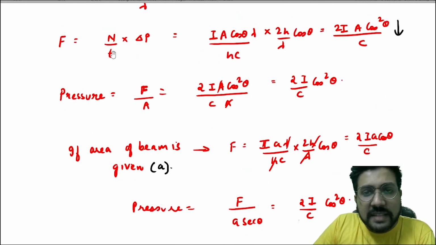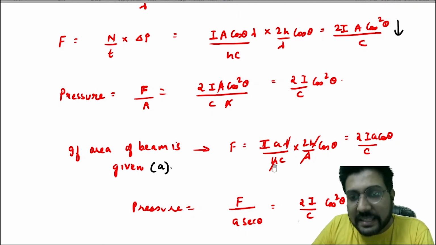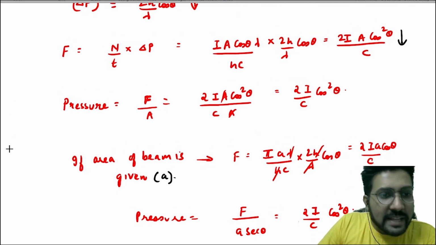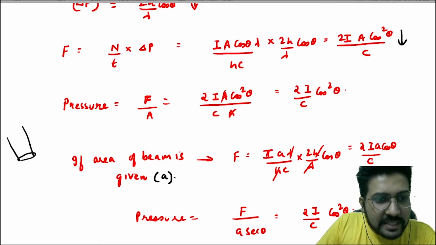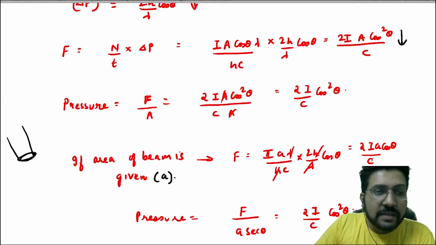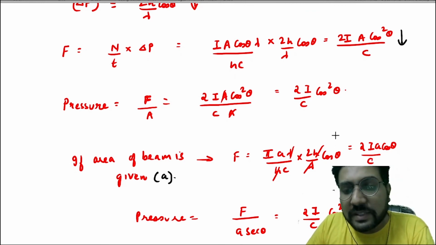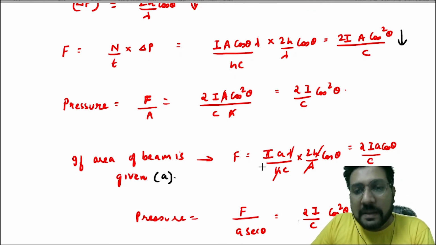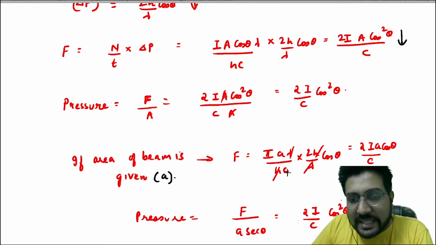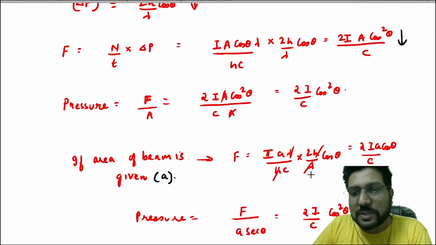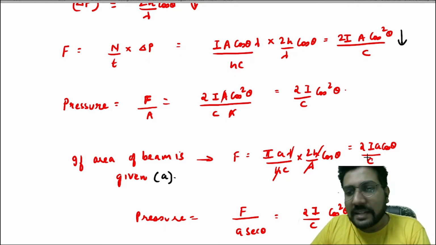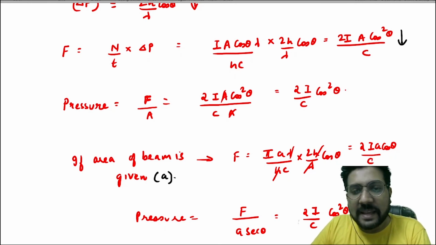N by t this time will be Ia by E, because if the area of the beam is given, in that case the area is already perpendicular to the beam or flow of light. So n by t is Ia by E, E is hc by lambda, multiplied by the change in momentum of one photon, and that is 2h by lambda cos theta, and that is equal to 2Ia cos theta by c.